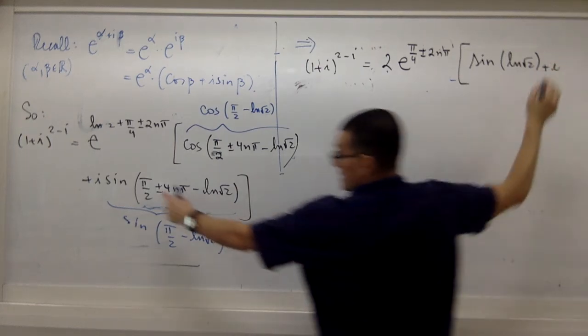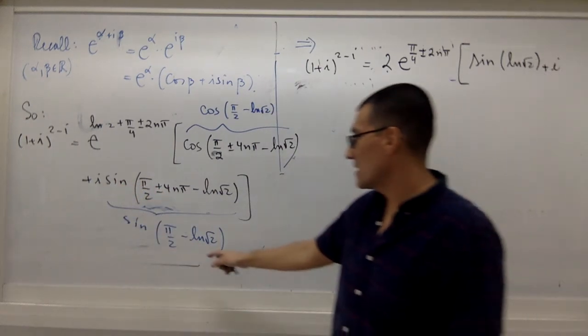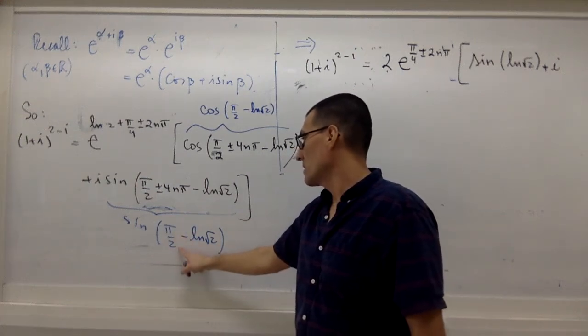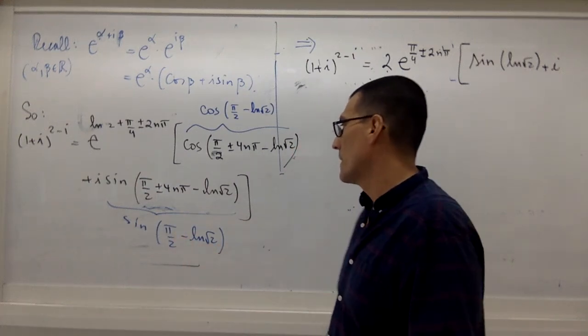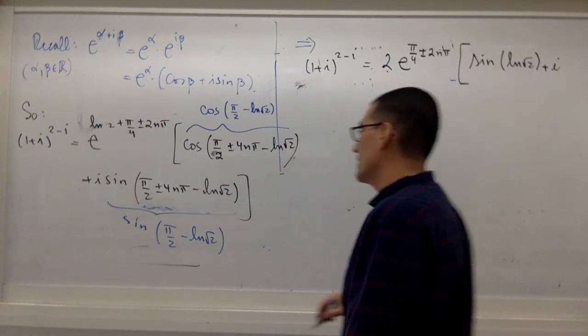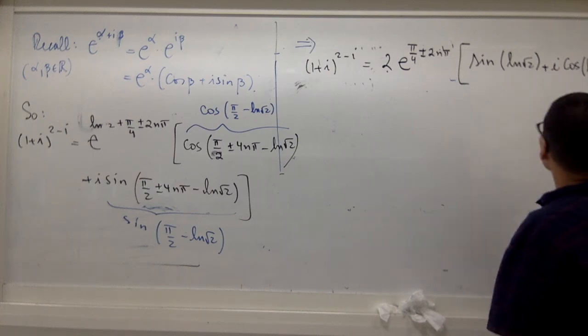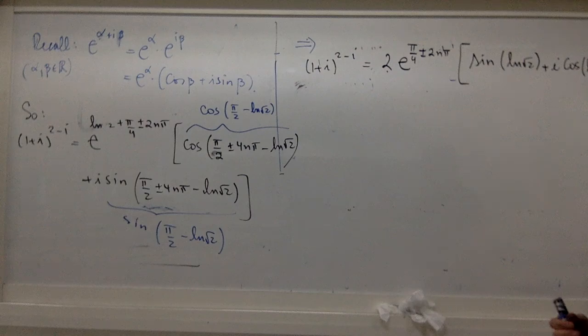Then plus i, this i right here. And then you get the sine of pi over 2 times cosine of ln square root of 2. So you get this expression right in there.